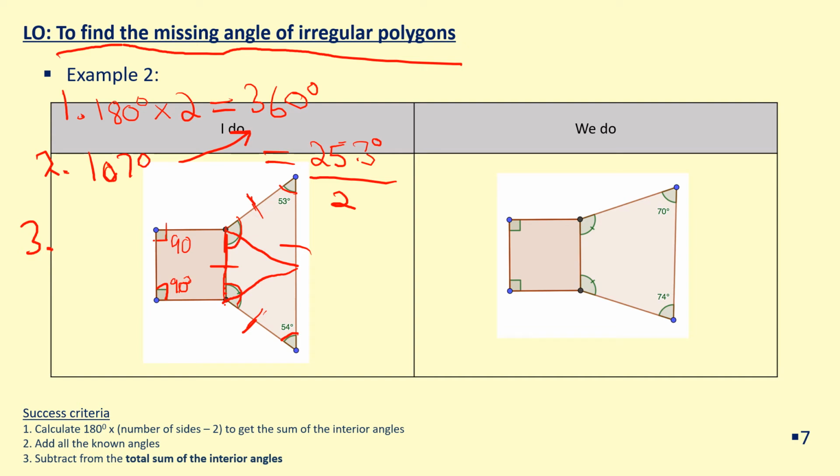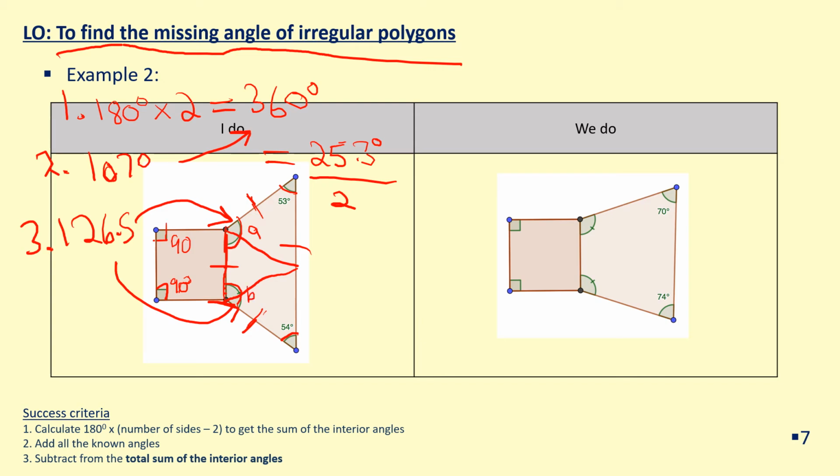And when we divide that by 2, we get 126.5. So that would be 126.5 for that missing angle. It's not really labeled on this one, so let's label that A. And then again here, the same size, for B.